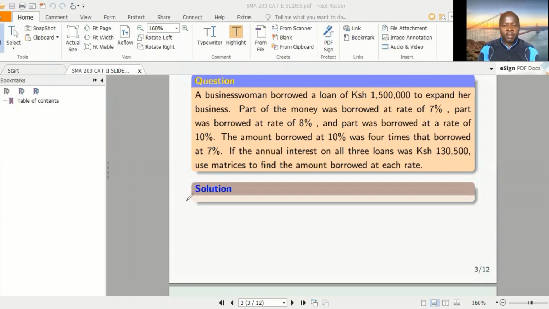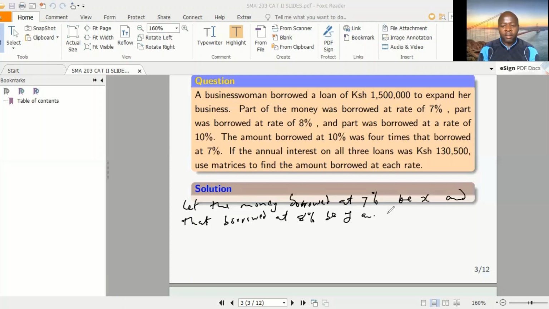So just say that the money borrowed at 7% interest is x, that borrowed at 8% is y, and the money borrowed at 10% is z.